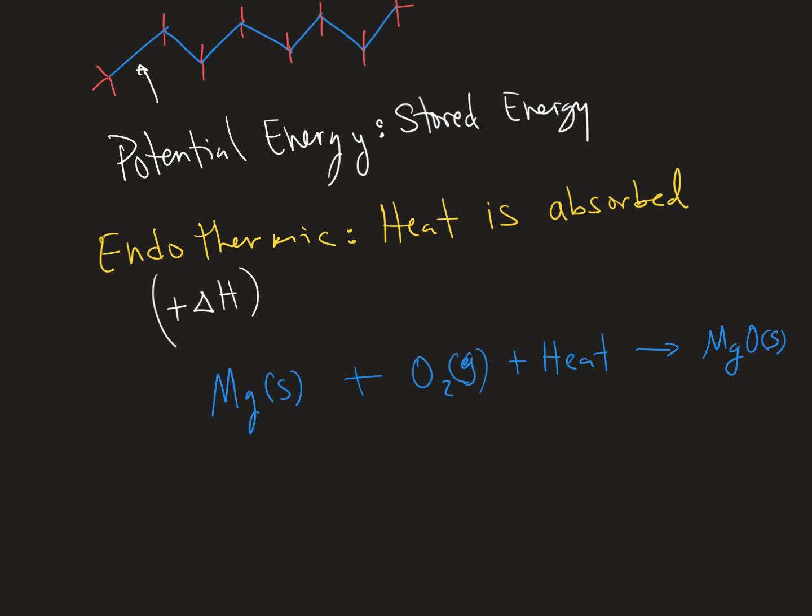Solid magnesium oxide. So this is endothermic. We have to take in the heat to make this reaction happen. We're not breaking any bonds, are we? We're forming bonds. So it takes energy. We good?